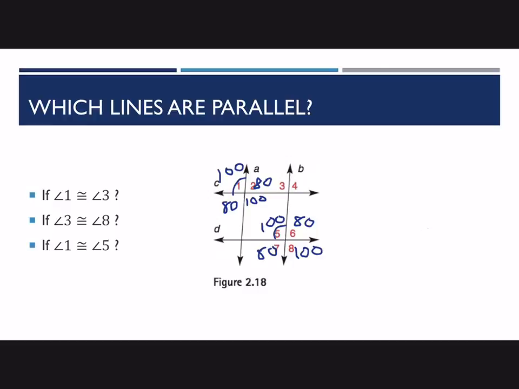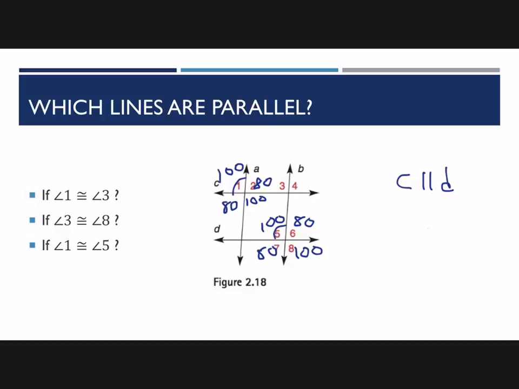Hopefully parallel, and on the same side of the same transversal. So if we wanted to say that maybe C and D were parallel, and if we wanted to use corresponding angles to show that, then we would need either A or B to be the transversal, but 1 and 5 are on opposite ones, one's on A and one's on B, so we can't approach it that way.